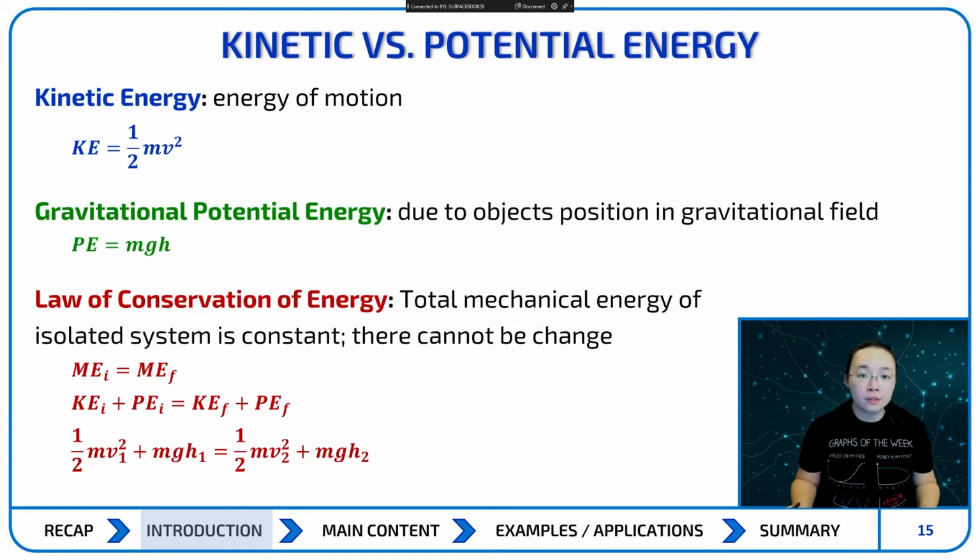Those two totals are going to have to be equal due to the law of conservation of energy. Each of those totals is called the mechanical energy. So the mechanical energy, represented by ME over here in red, is equal to KE plus PE. So it's the combination of kinetic and gravitational potential energy together.